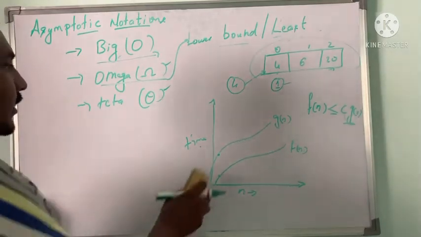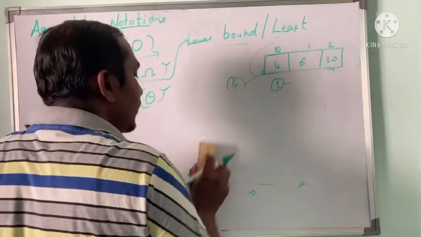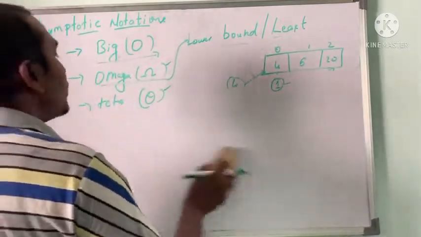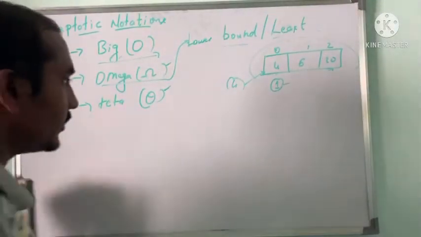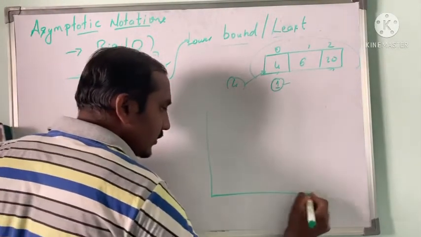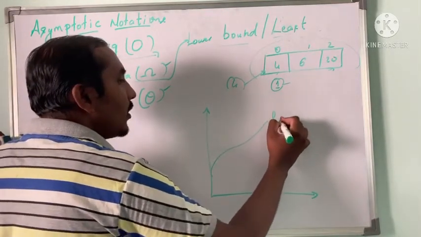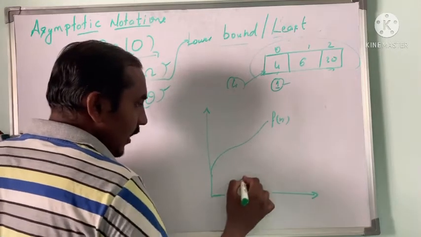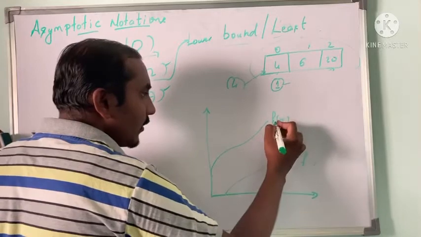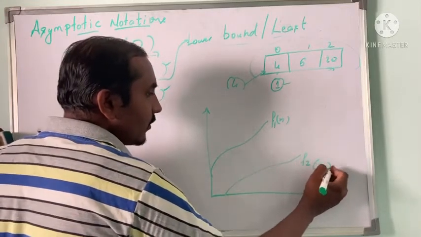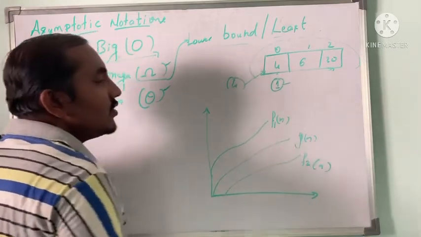Next, theta notation. Theta notation represents both the upper bound as well as the lower bound. In the sense, we will be using three functions here. One will represent the upper bound, the other will represent the lower bound. I can write f1 of n, f2 of n, and one function will represent the actual execution time, which is g of n.